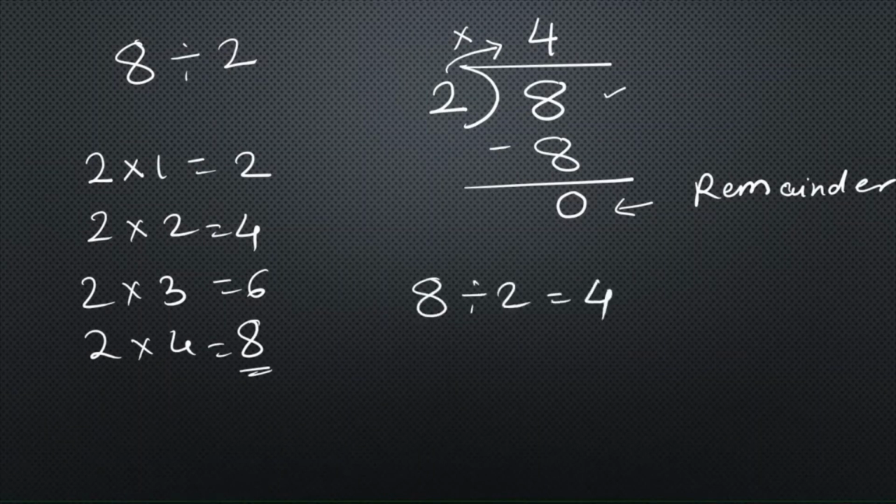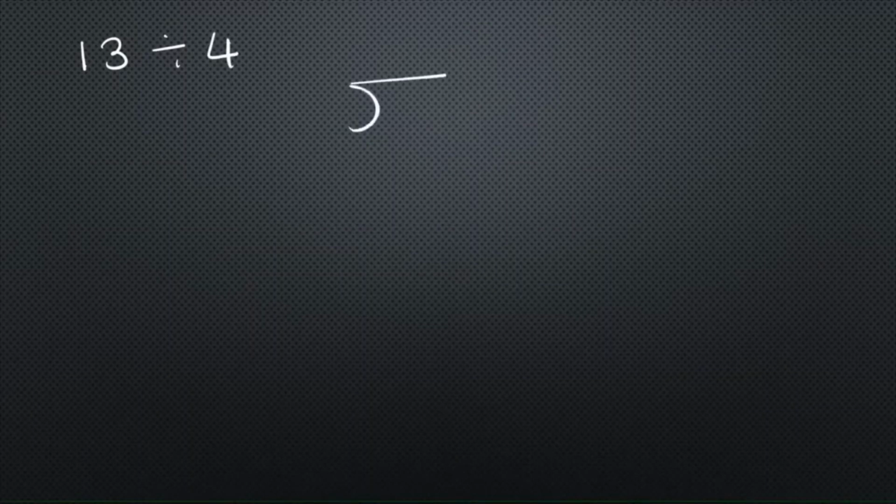Let's have another example. Now it will be little bit tricky, so we will see how to solve that. 13 divided by 4. So I write this example in this format.